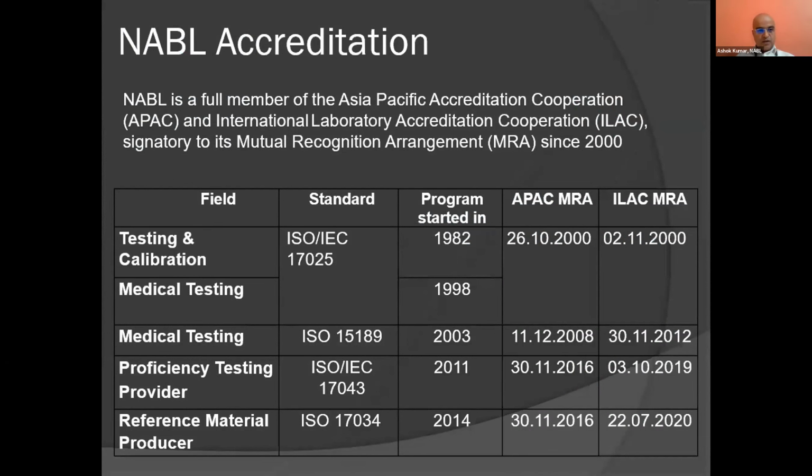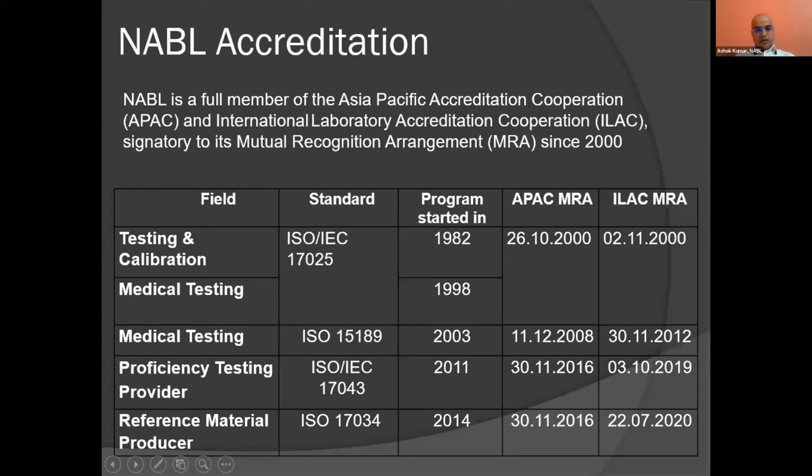You all know that NABL accreditation started with the standard ISO 17025. Initially, we started medical testing under this program of NABL accreditation under ISO IEC 17025, and it started in 1982.